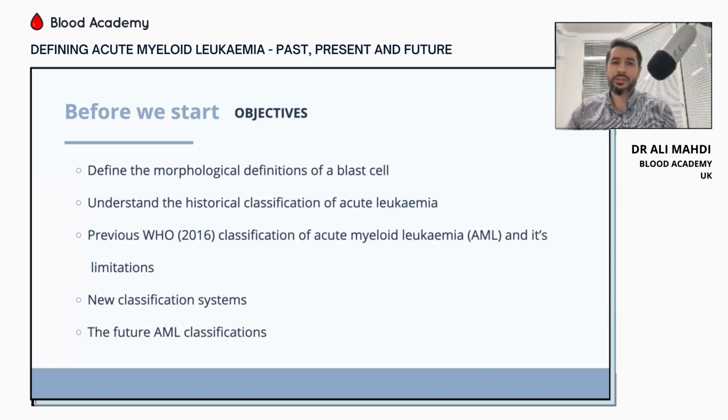And then we'll spend some time looking at the WHO classification that was published in 2016, covering acute myeloid leukemia and just highlighting some of the limitations that this revised edition had. Then we look at the newer classifications. So the most pertinent ones are the WHO and the ICC classifications and what has changed more recently. And then thinking about what could happen in the next 5-10 years, if not longer, with future AML classifications.